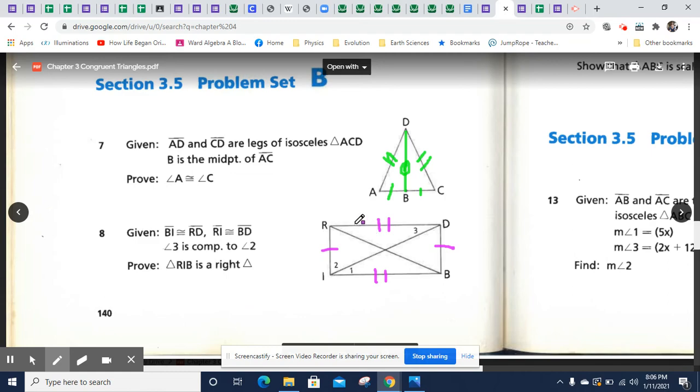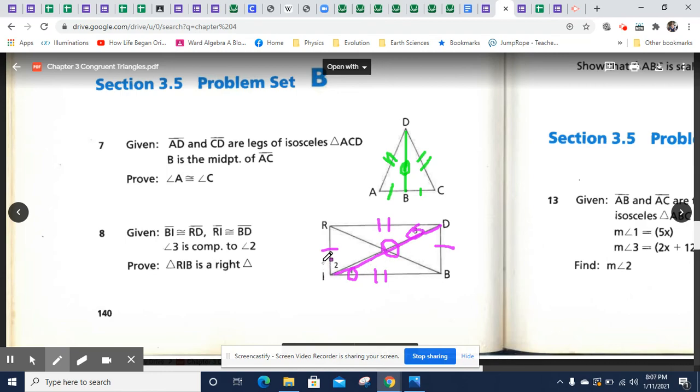Okay, so I don't need to worry about making that a right angle, even though you could prove that that's a right angle. What I really need to prove is that this angle is congruent to this angle. So what I'm going to do is I'm going to go ahead and draw, I'm going to declare that this is congruent to itself. Now, once I've done that, I now have identified angle 3 and angle 1 here as corresponding angles.